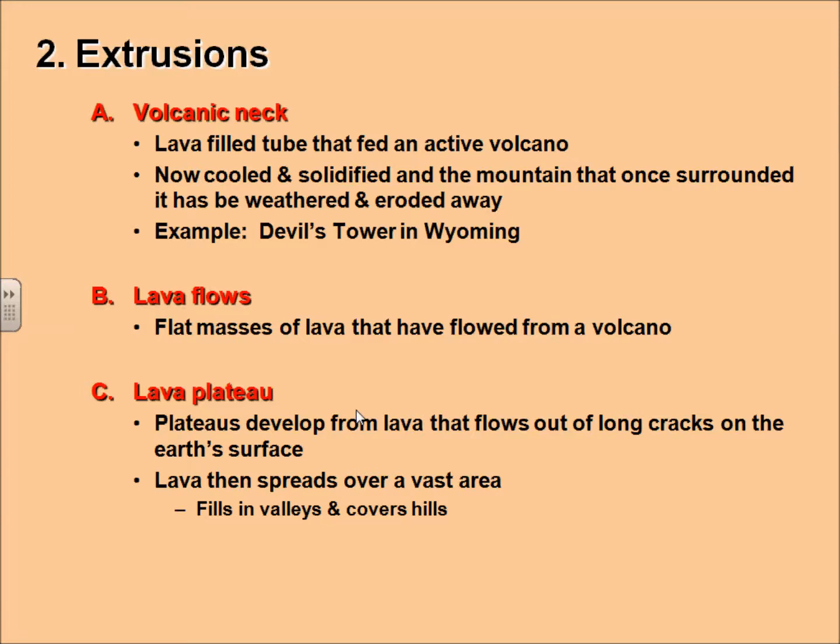Lava plateau. What's a plateau? An elevated plain, right? So what happens is lava flows out of a volcano, a crack, a skylight, a fissure, whatever. Flows out of the ground. As it does, it carpets the ground, fills in all the cracks, and it makes a plateau.